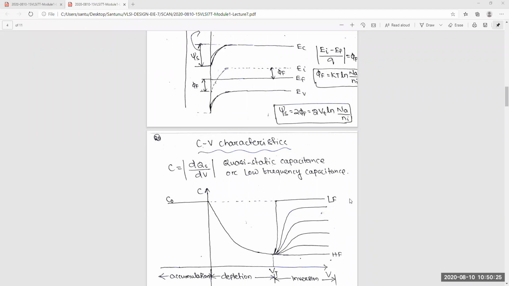It will take time to generate the thermal electrons at the interface of the surface. If you increase the small signal very fast, it is not sufficient to generate all these charges at the interface.